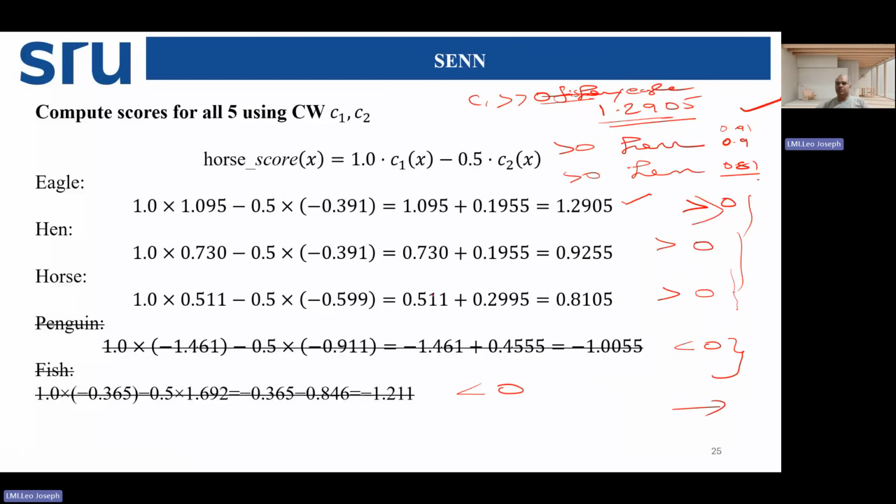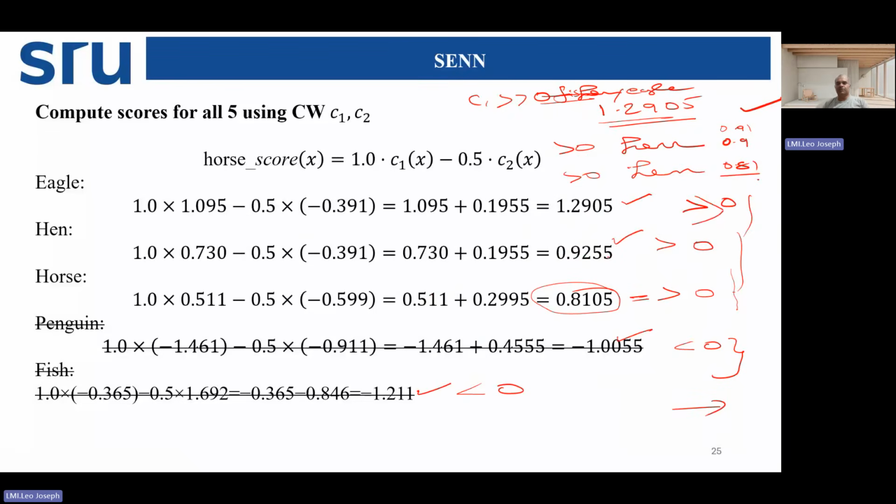We have to imagine that the given image is not an eagle, not a hen, not a penguin, not a fish. So what label was the input black box given with the input? It is given with the input as horse. Then it is nothing but a horse only. Since the score indicates it, the score itself, we are mapping. So the eagle score is 1.205. It is not an eagle.